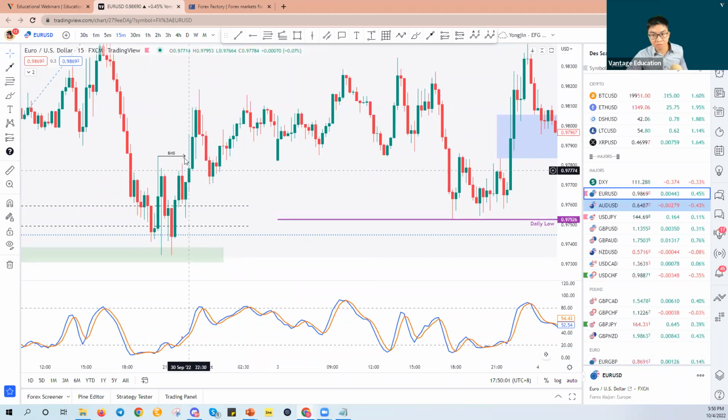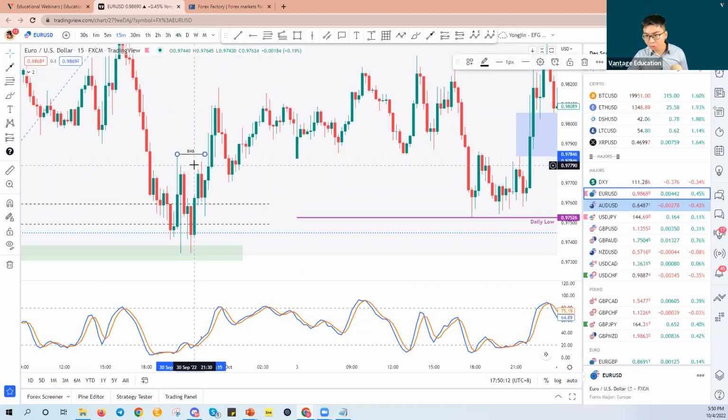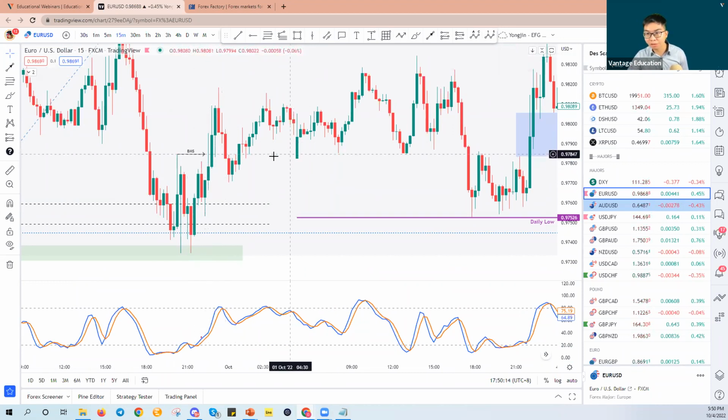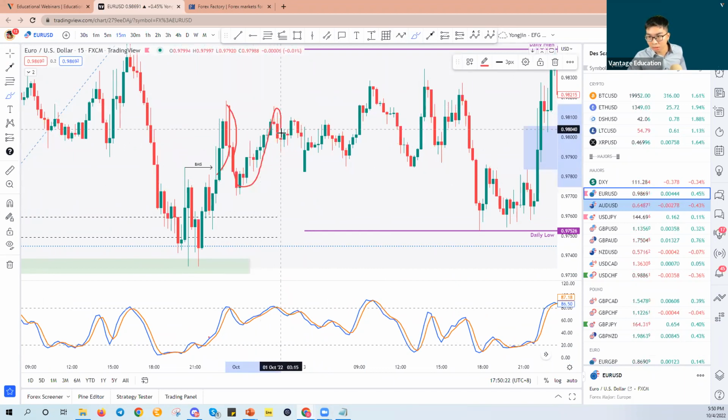So normally on the 15 minutes, if you are just using only smart money concepts without the use of Wyckoff, we have the break of market structure on the M15. After the M15, price went up, went down, moved for a while before it went back up.